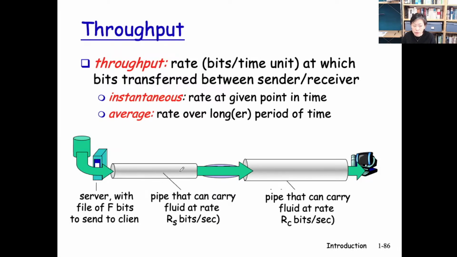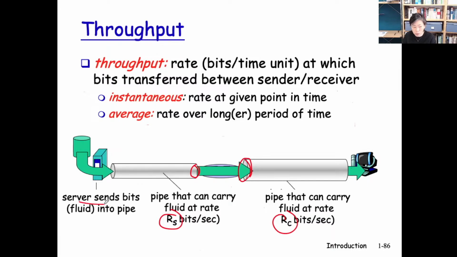I'm drawing the pipe's width, the diameter, based on the link capacity. R_C here, let's assume it's larger, so you see a bigger pipe versus R_S, a smaller pipe. And you can also think about the server as a water tank, dumping fluid into the entire pipeline.